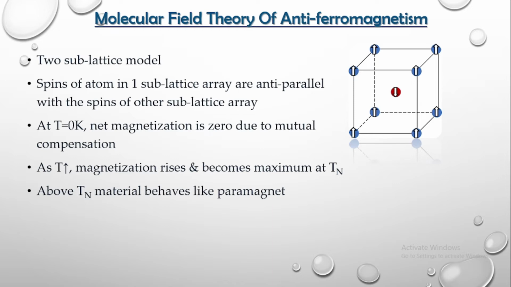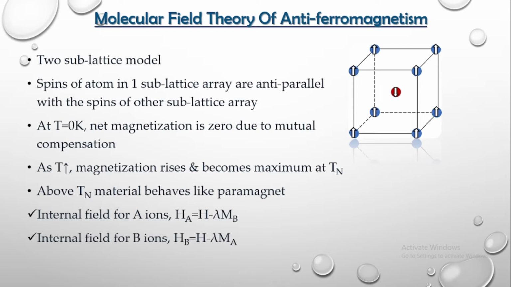When considering the nearest neighbor interaction, we can define the internal field on A ions as HA equals H minus lambda into MB, and the internal field for B ions, HB, will be equal to H minus lambda MA, where lambda is nothing but the internal field constant, or what we had seen as Weiss constant.